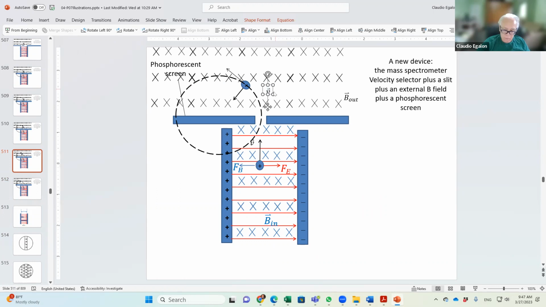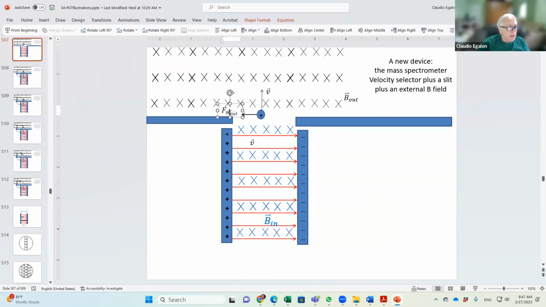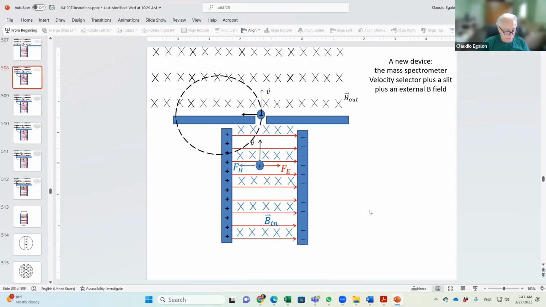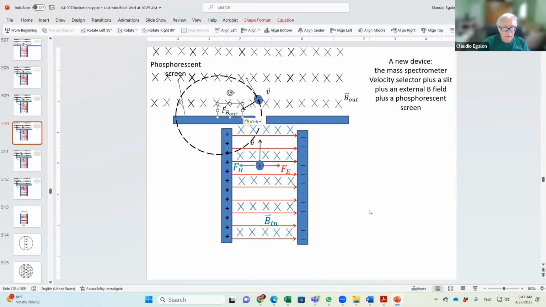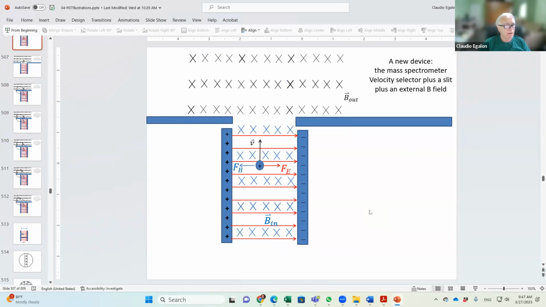Velocity vector here. Velocity vector here. And velocity vector here. And now I have to put my FB out there. FB out. Okay. So here you go.